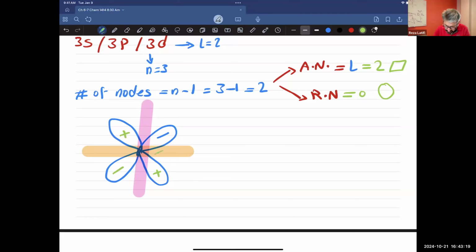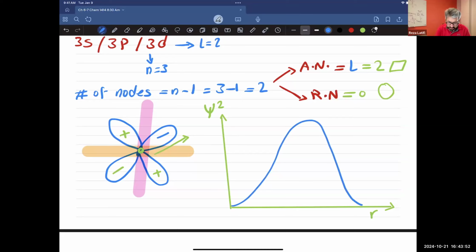Radially, we move out of the nucleus. This is going to be the center of the orbital. This is going to be the radial distribution graph for it. We show the probability of finding the electron by psi squared. Psi squared is the probability of finding the electron versus distance from the nucleus. If I move from the nucleus outward, I get such a graph.